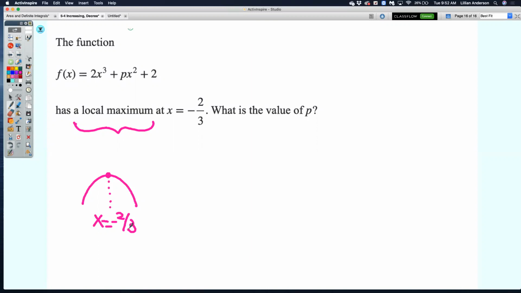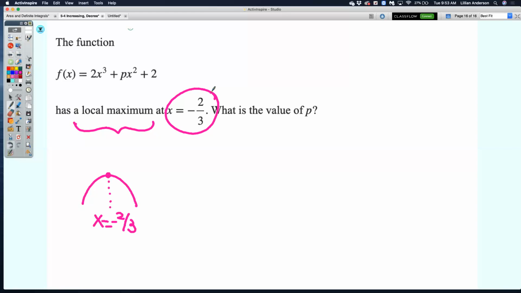We used the derivative. We factored the derivative after we set it equal to 0. And then we solved it to figure out the x values that gave us either a maximum or a minimum. But since we already know that our x value is negative 2/3, then we already have that part of the solution.